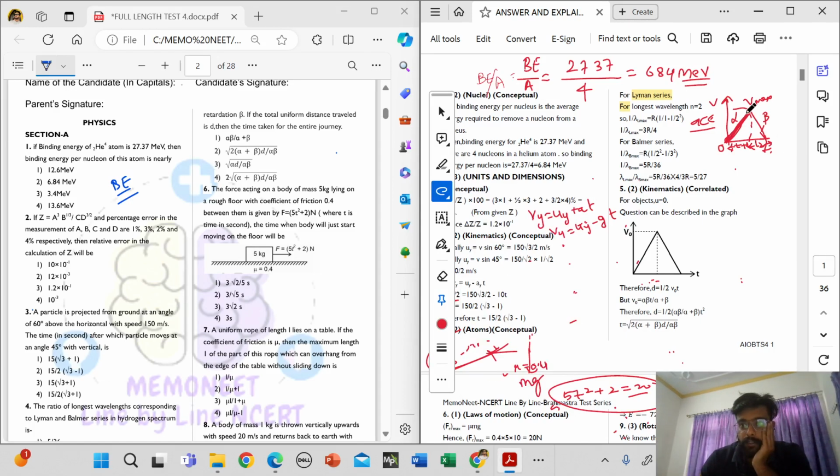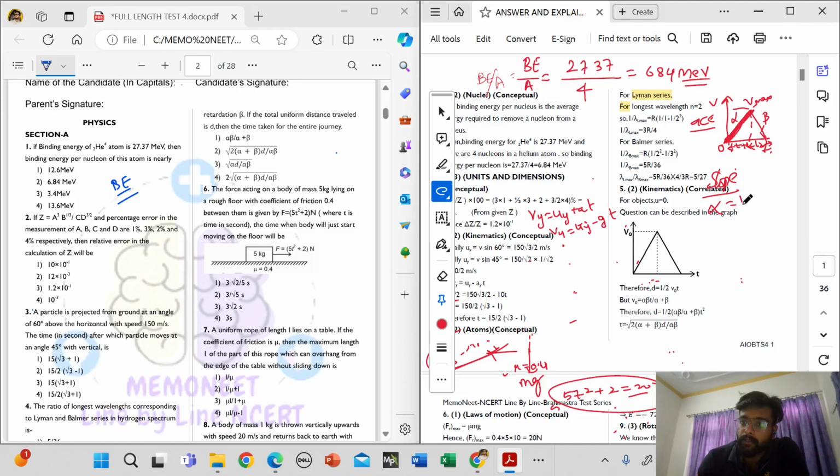Let's suppose t1 is for acceleration and t2 is for retardation. From here we can take the slope of this graph. You can see my pencil. Its slope will be equal to the acceleration, since the slope of the velocity-time graph is acceleration.